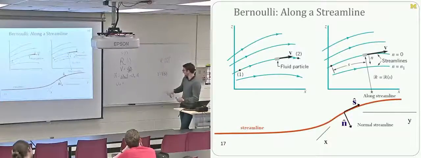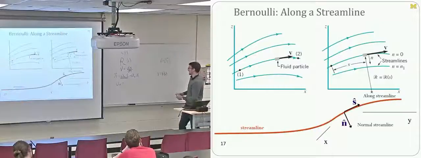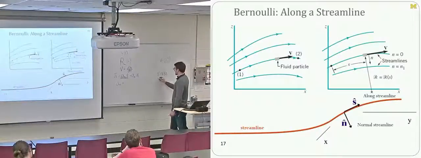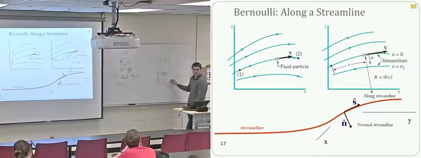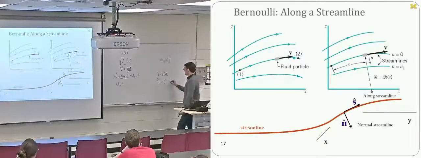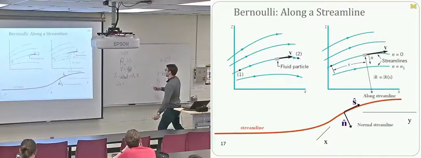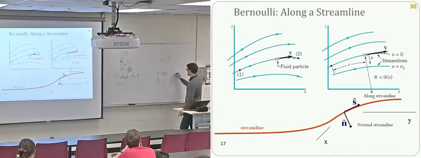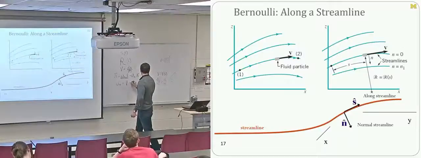When you have a function of a variable that's not the one you're taking the derivative of, dv dt is equal to dv ds times ds dt. And we showed right up here that the velocity is equal to ds dt. So this term becomes velocity, and our acceleration along the streamline can be expressed as v times dv ds.